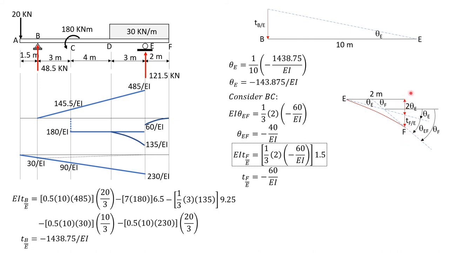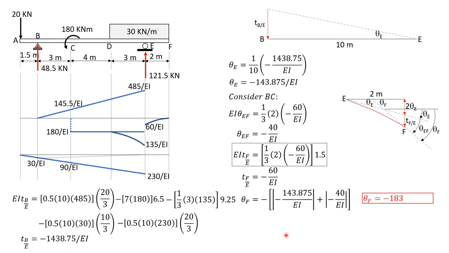It is the negative of absolute value of 2 theta E plus absolute value of the deviation of F relative to E. So theta F is the negative of absolute value of theta E plus absolute value of theta EF. So it is negative 183.875 over EI, just like in the preceding two methods.